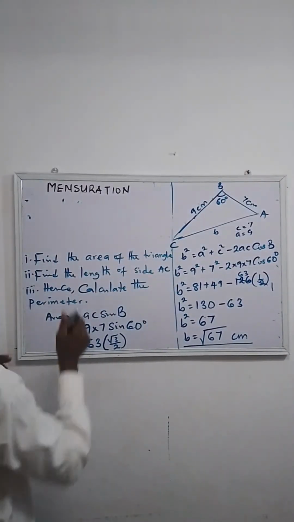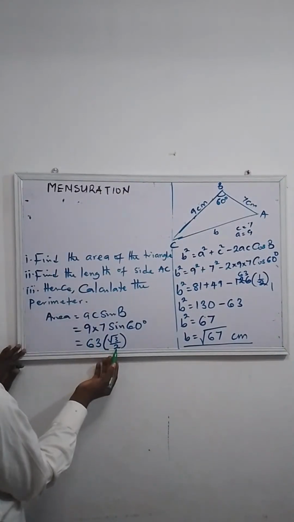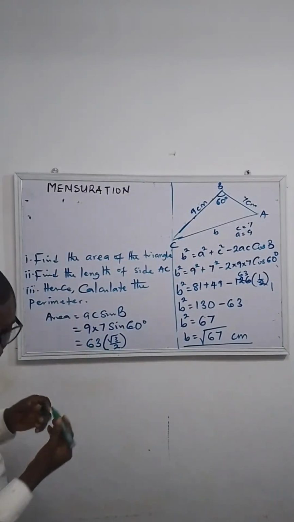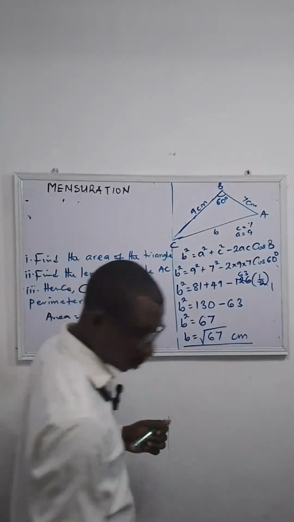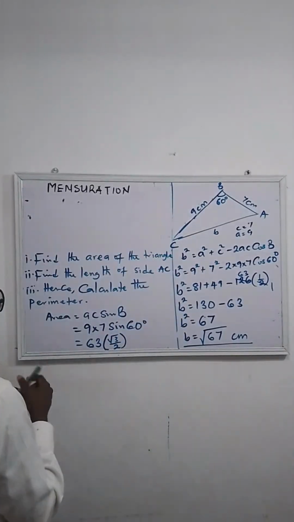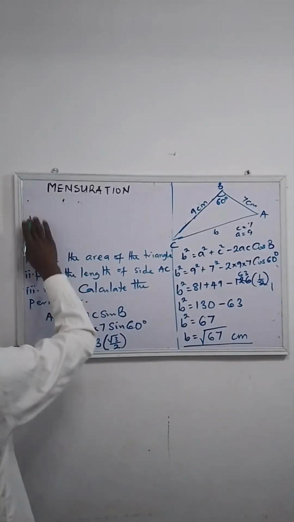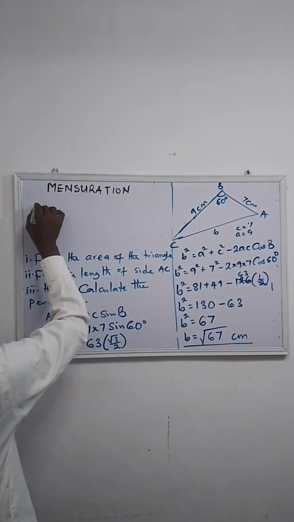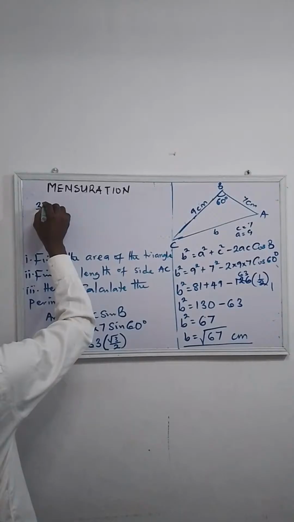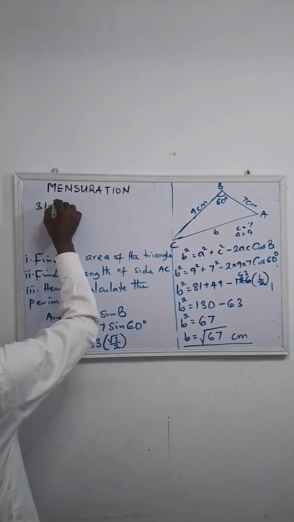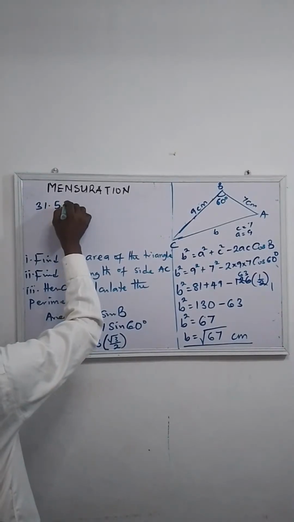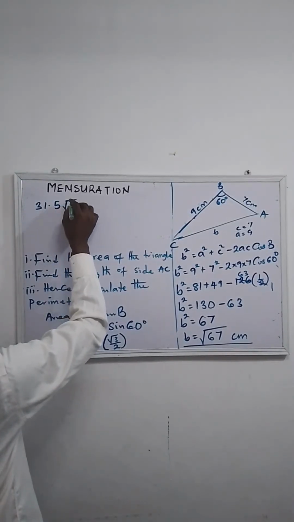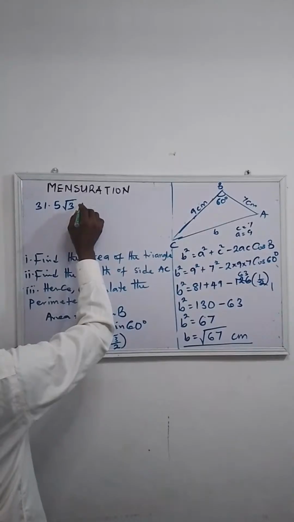Okay, so you can use this to divide this. When you use this to divide this, what do you have? You have 31.5 square root of 3 in centimeters.